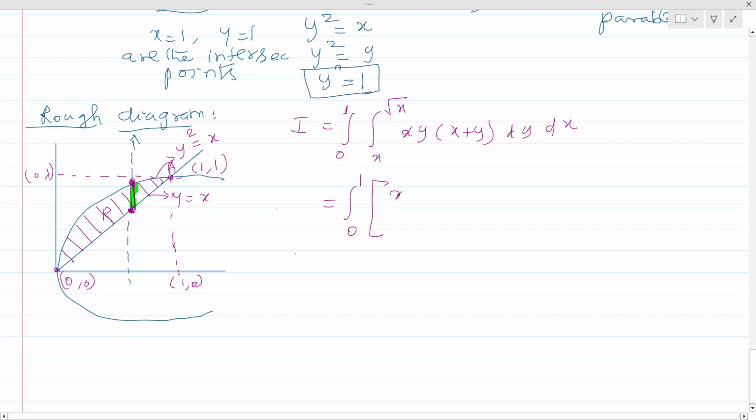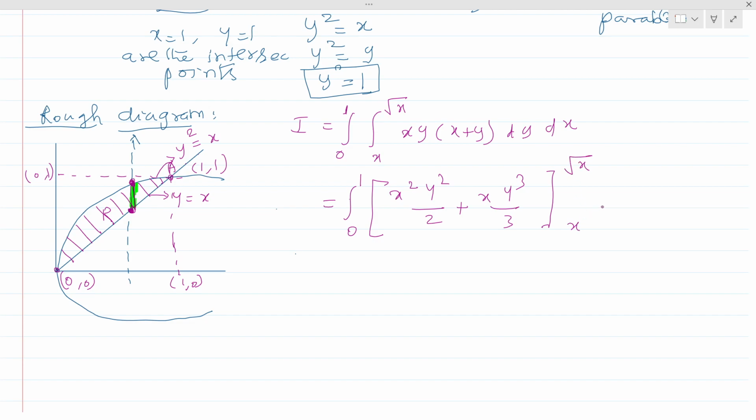x square y square by 2 plus x y cube by 3, with y equal to x and then y equal to root x, and then the outer integral is dx. Fine. We have to substitute the upper limit and lower limit. What you get?